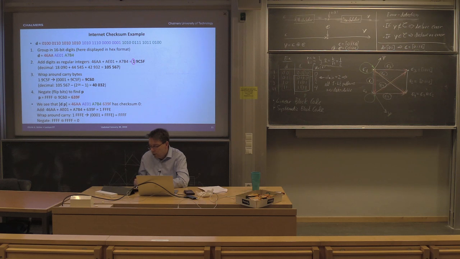And we just wrap this around, so we take 0001 plus the result, and then we get a new number, and this would fit into 16 bits. If we want to do that in decimal, it's going to be like this. And then we negate, that is, flip the bits to find P. So P is FFFF, modulo 2 addition to 9C60, and then we get 639F.